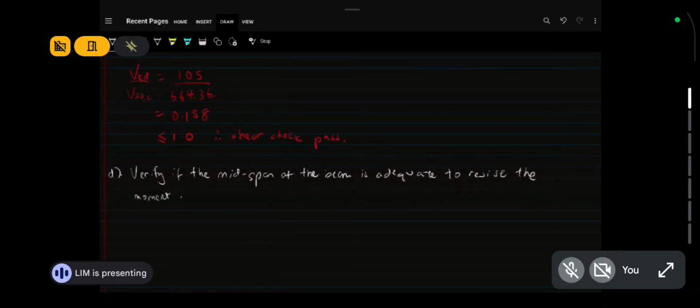We've done the shear check. Next, we do moment check. Okay, now moment straightforward.